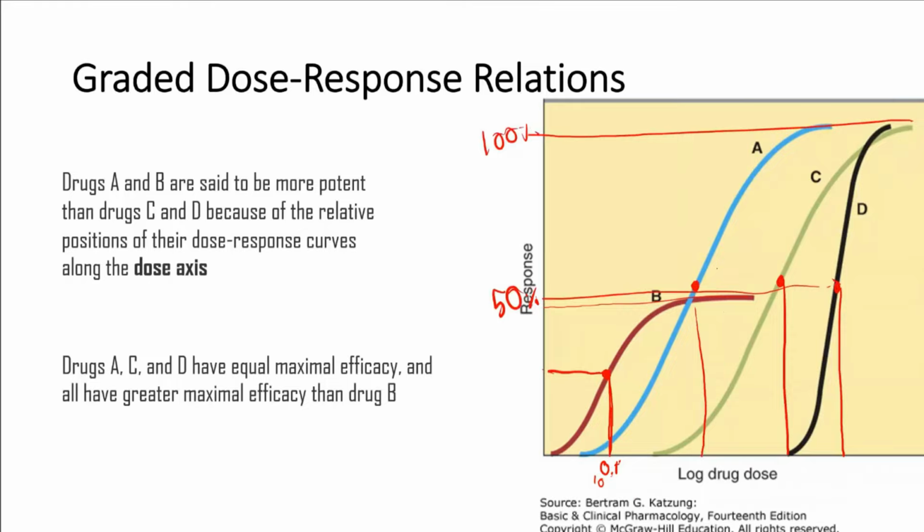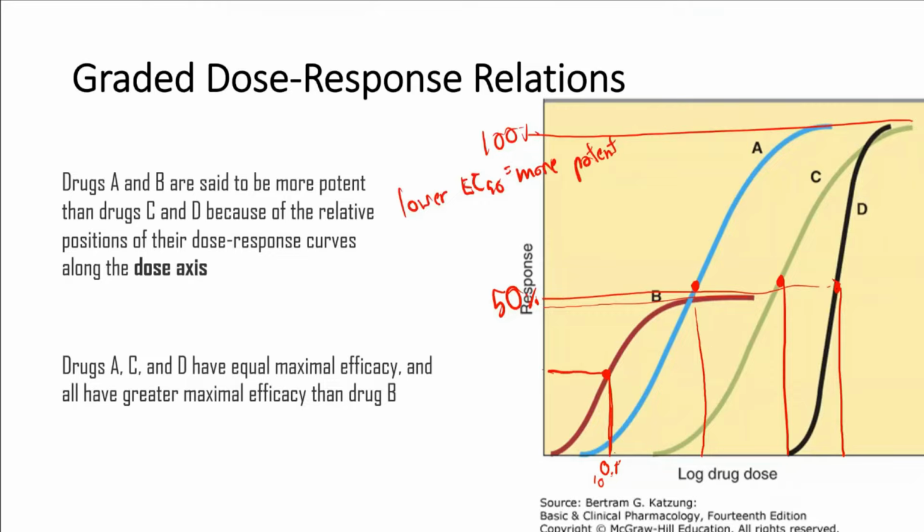So if I gave you this on a test, fair game, if I gave you this plot with numbers on it, asking you to find the EC50 of this drug, also which one is more potent. A lower EC50 equals more potent.